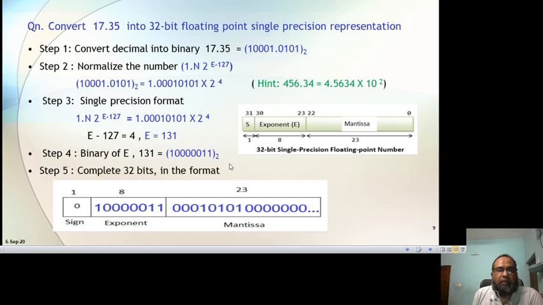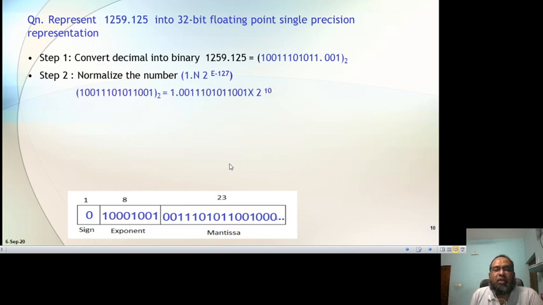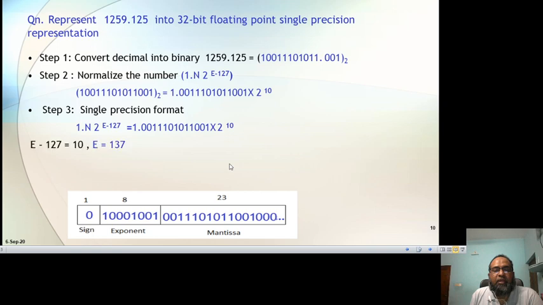We will see one more example. The number is given, you convert into binary, then normalize the number into the standard format. Then you write it in the single precision format, finding the value of E. Here the value of E becomes 137.